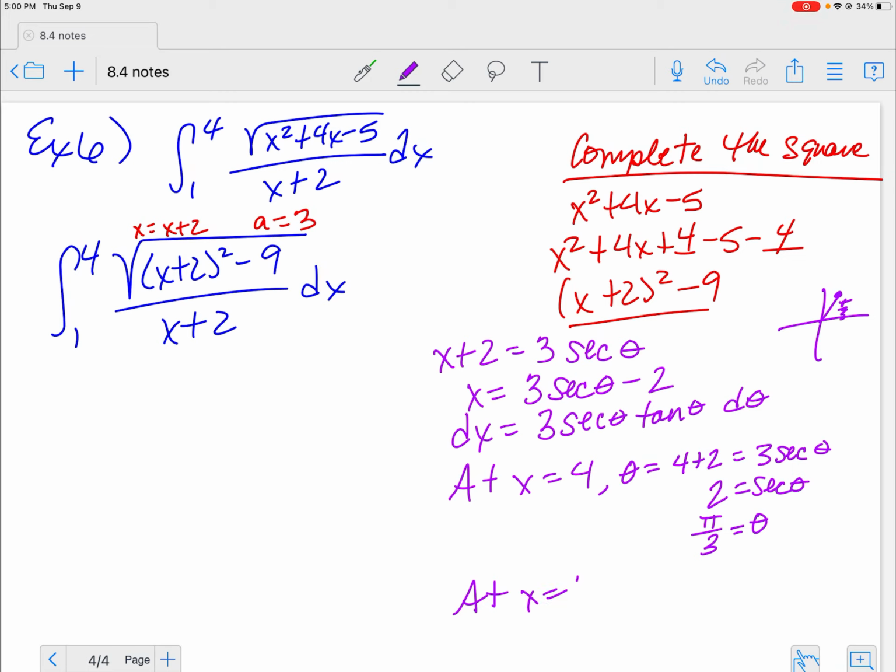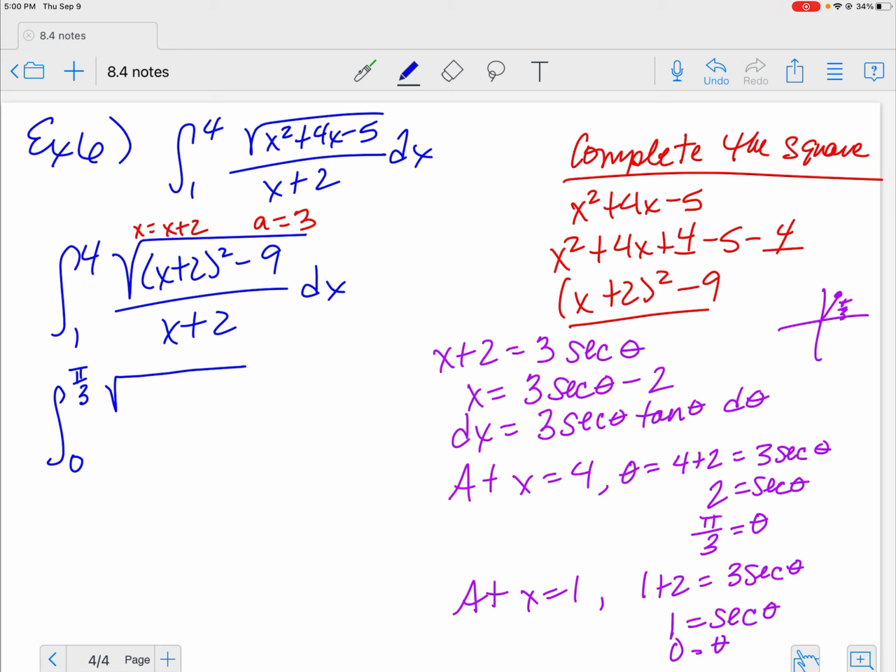And at x is equal to 1, I've got 1 plus 2 is equal to 3 secant theta. Divide both sides by 3, and I've got 1 is equal to secant theta. Where is cosine 1? At 0, right? Okay, now let's do all the substitutions. So I'm now going from 0 to pi over 3.